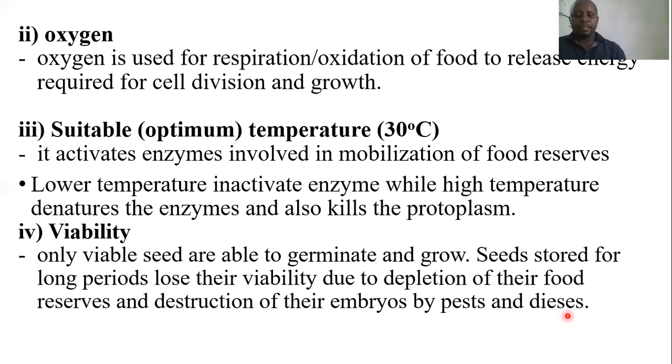Okay. Now, another factor which we ought to discuss is enzymes. For germination to take place, there must be some enzymes. These enzymes are very important in, one, mobilization of the food.